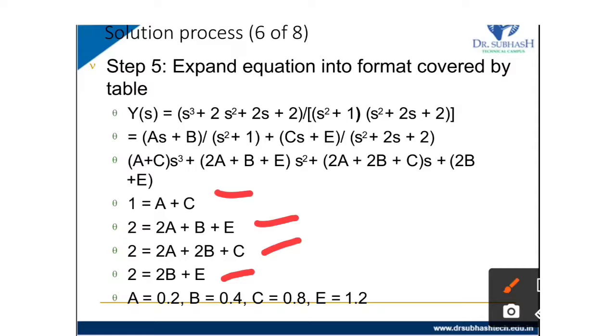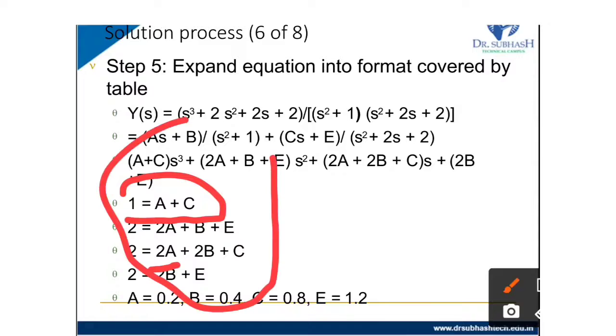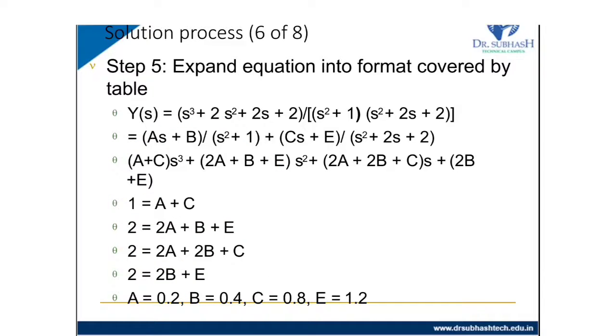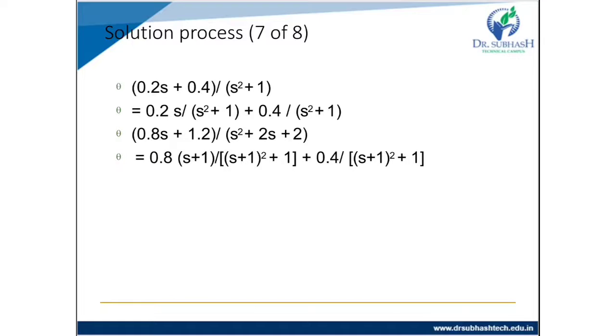Now for finding A, B, C and E, we just have to solve the equations, like A plus C equal to 1, so we put 2A plus 2C equal to 2. After solving these unknowns, we will get A equal to 0.2, B equal to 0.4, C equal to 0.8 and E equal to 1.2. Then we just have to put in the values.